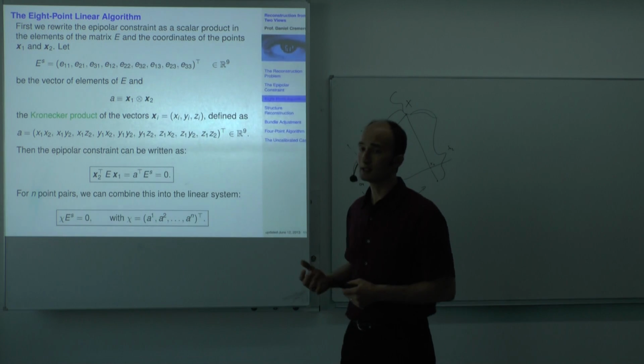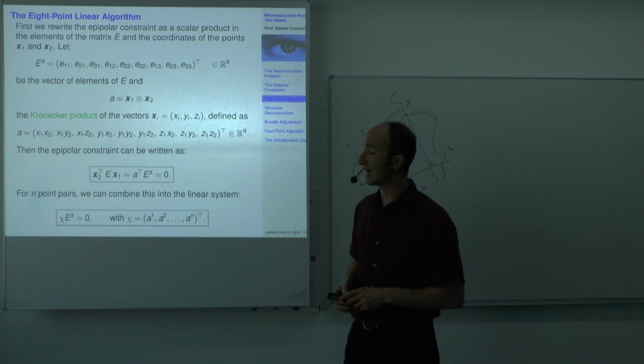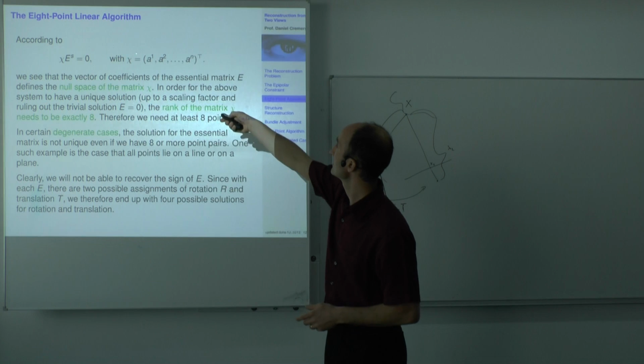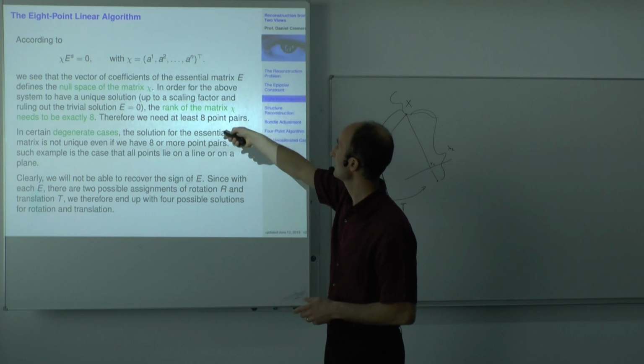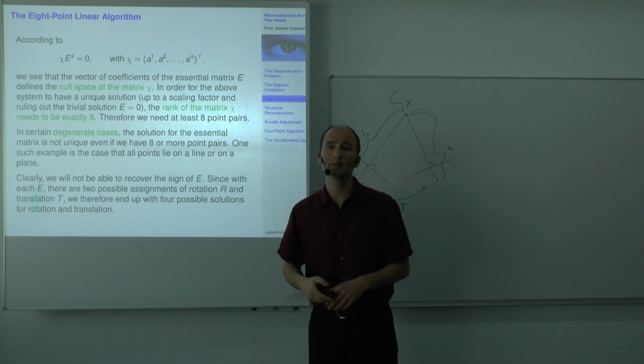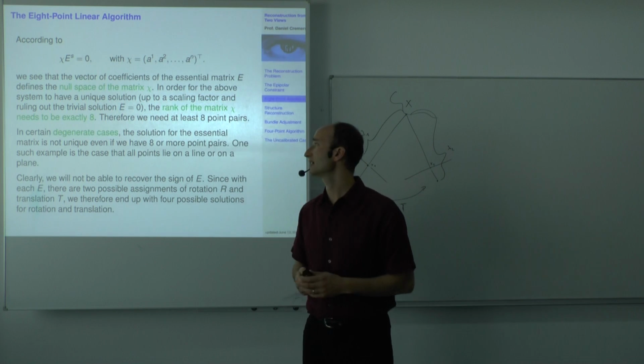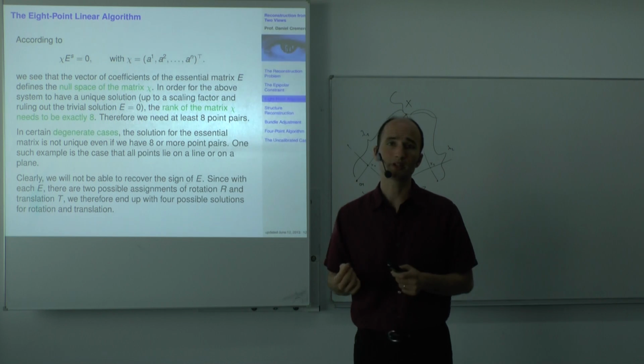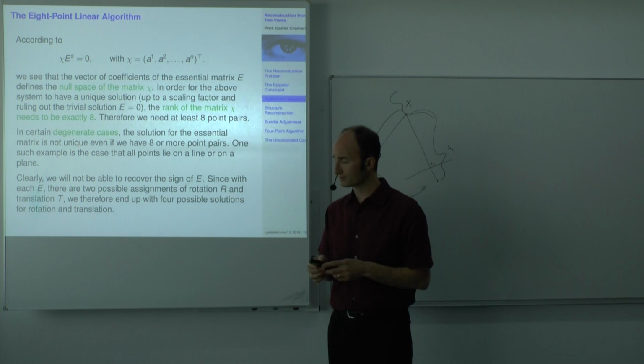It has at most rank 9, because each A is a 9-dimensional vector, so it's a 9 by n matrix, so the rank is at most 9. If we want a one-dimensional null space, we have to assure that it has rank 8.